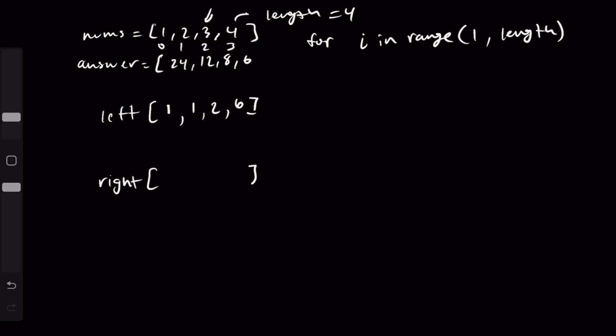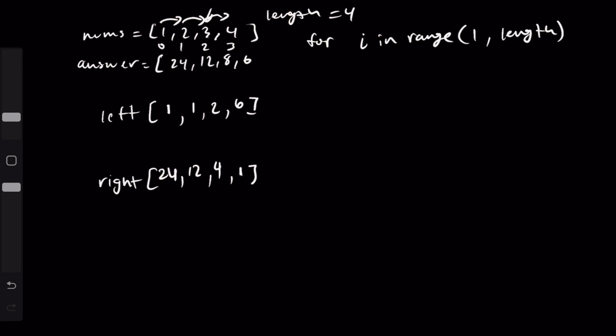To the right of 4 there's nothing, so we're just going to set it to 1. What's to the right of 3? It's 4. What's to the right of 2? It's 3, so 3 times 4 is 12. And then what's to the right of 1? It's 2. 2 times 12 is 24.